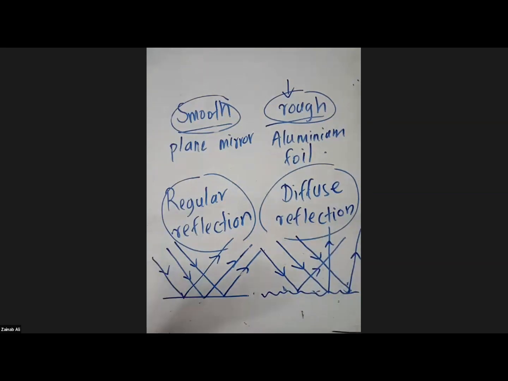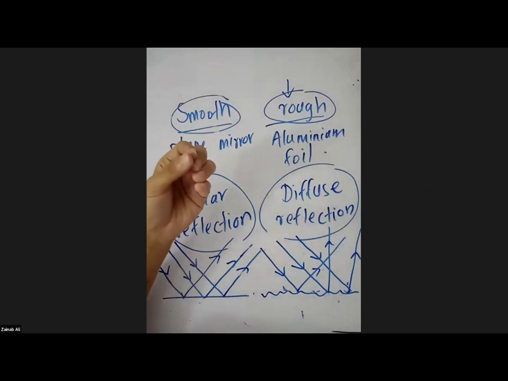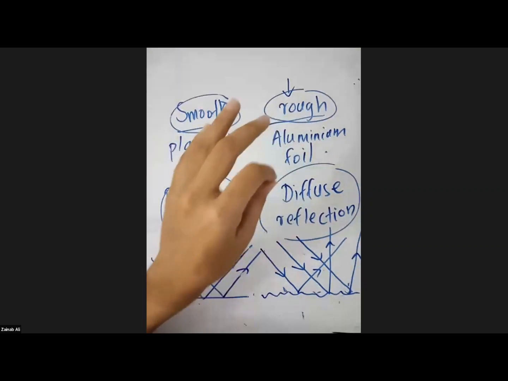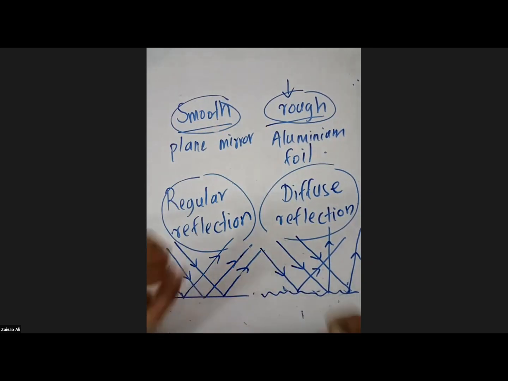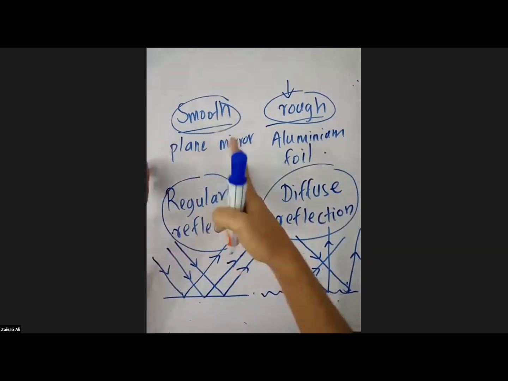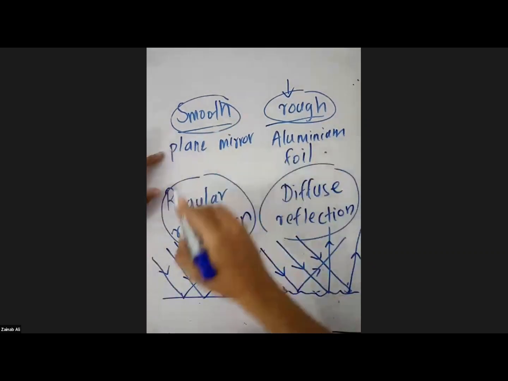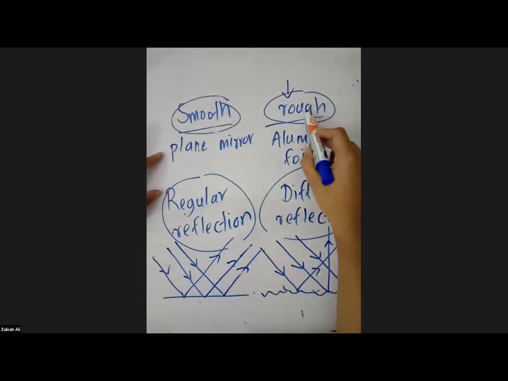So the reflection that occurs in a book, in aluminium foil, and in wood, all these are diffuse reflection. Remember the differences between regular and diffuse. Regular occurs in a smooth surface; diffuse occurs in a rough surface.